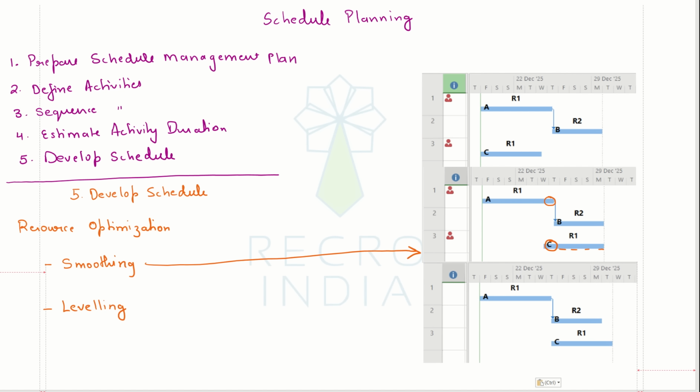leveling. So now if you notice, what we have done in leveling is we have shifted activity C to start only after A finishes, which means this shifts my project end date by one day. But of course now the over allocation of the resources is resolved.